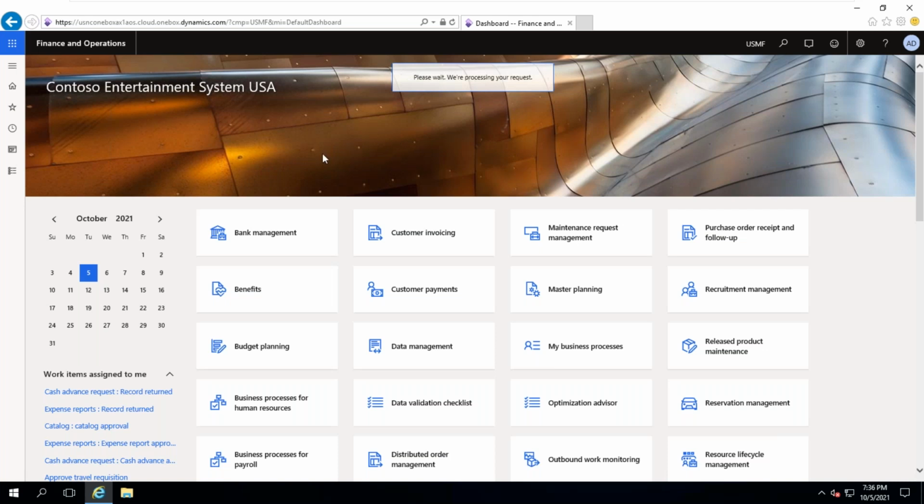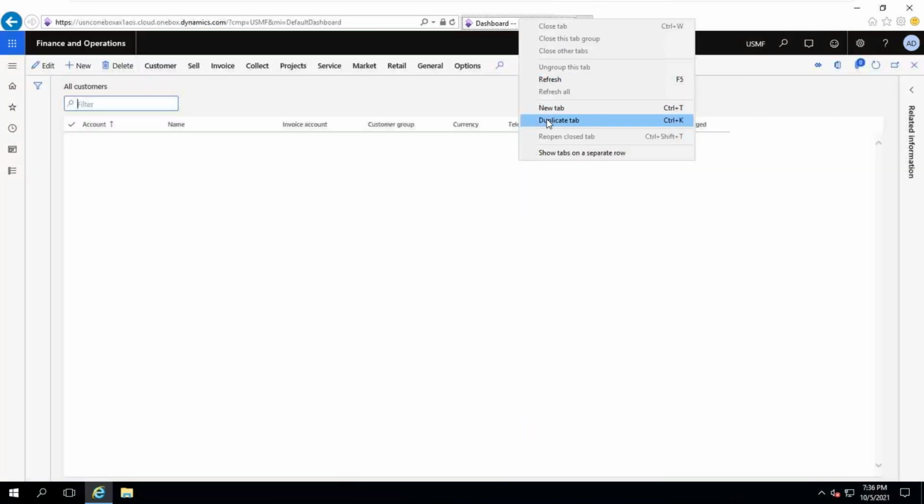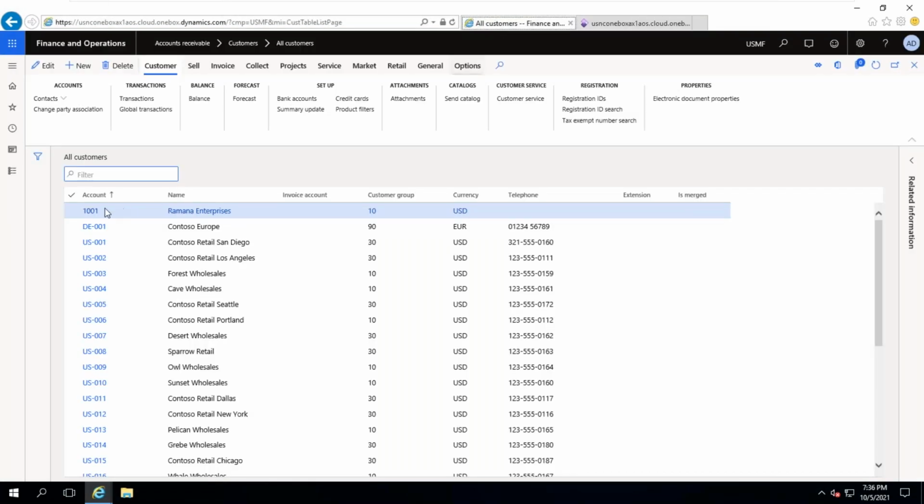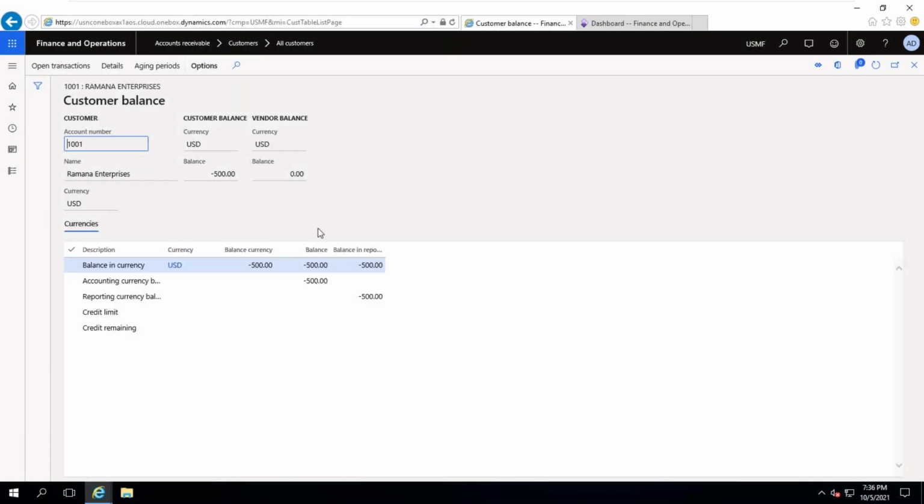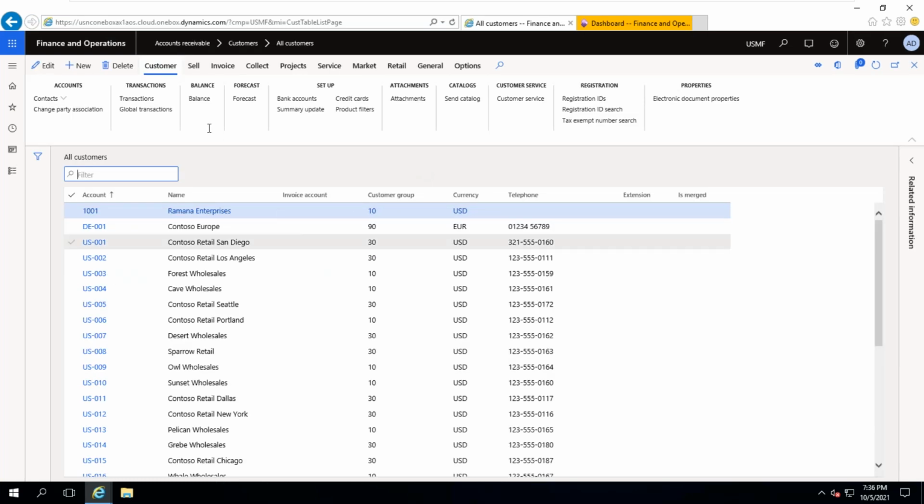You can select the customer and click on balance. Now it will show the customer balance is 500. Customer 1001's balance is 100. If I want to see the transactions, you can see the transactions.